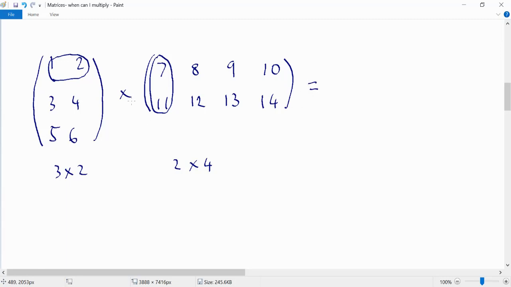The answer will have 3 rows because the first matrix had a total of 3 rows, so that's 3 different rows to multiply with. And the second matrix has 4 columns, so if we're using each of those columns in the multiplication, our answer will also have that many columns.